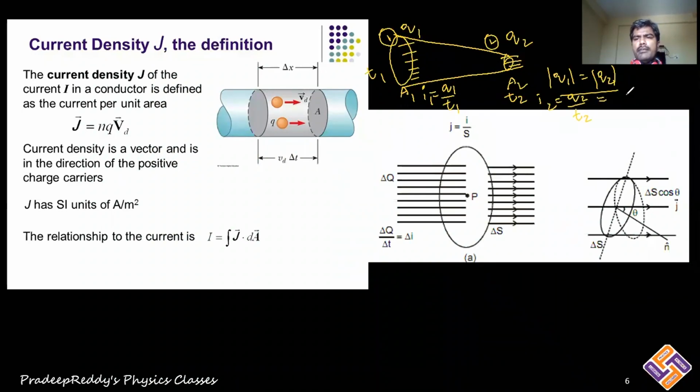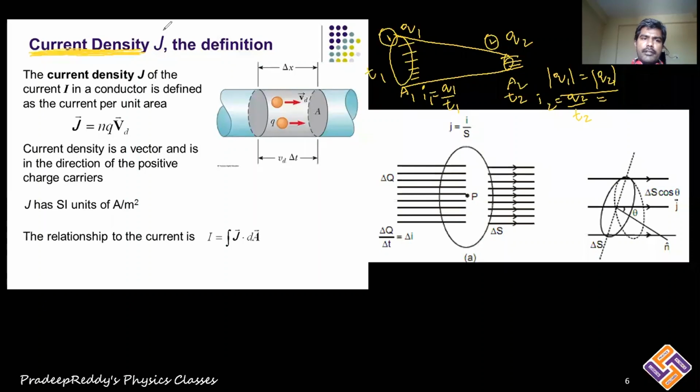Q1 and Q2 are however the same because charge is always conserved in the universe. So what would happen now? Current flow is not the same in region 1 and in region 2. Therefore, in order to handle these kinds of situations, we will be dealing with current density.